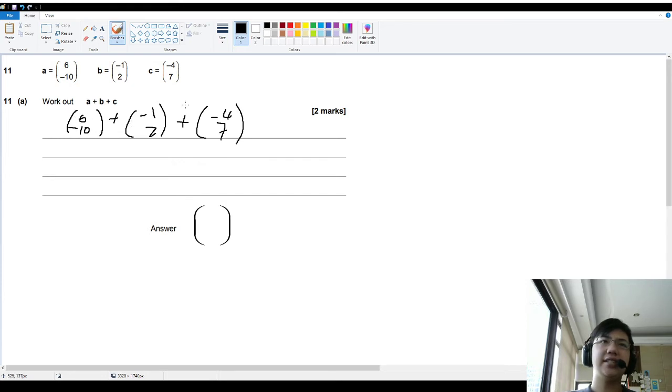So you add 6 and -1 and -4, and -10 and 2 and 7, where the top number is 1 while the bottom number is -1, giving us the answer (1, -1) for a vector. Understood? Great, let's move on.